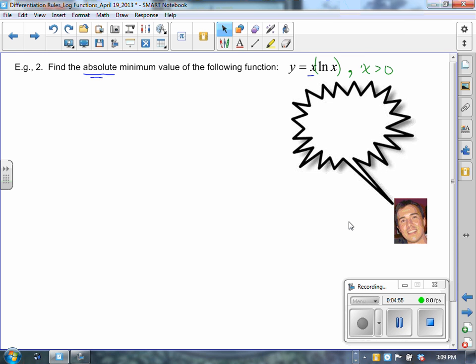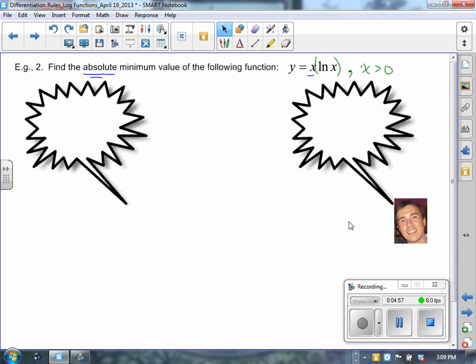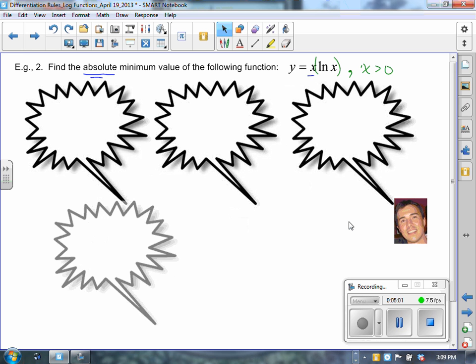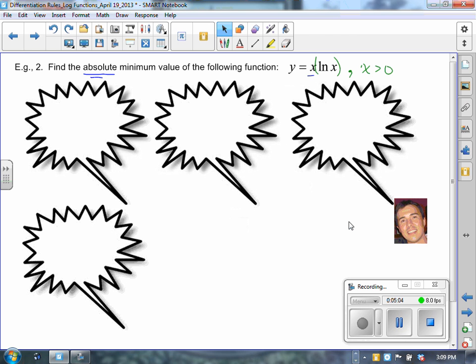So let's do some pre-planning. So let's get a few steps set up here. So number one, if we are after the minimum, then we are clearly in the business of finding dy by dx.